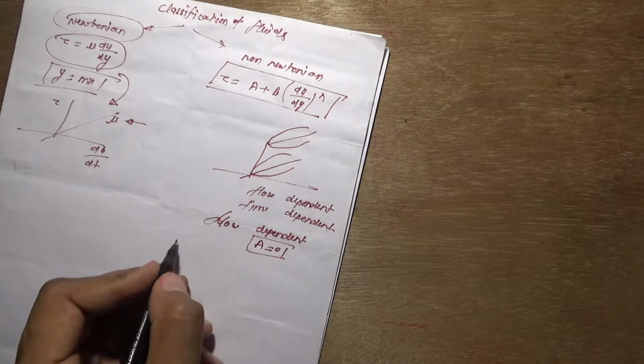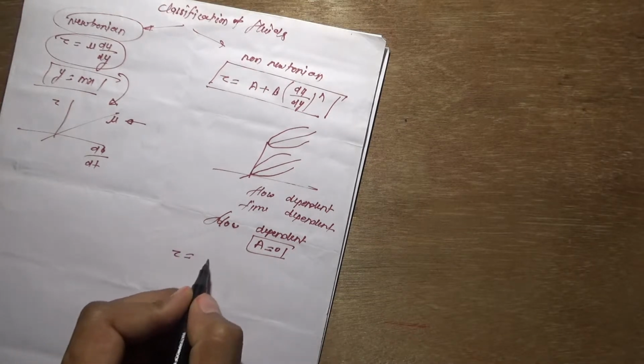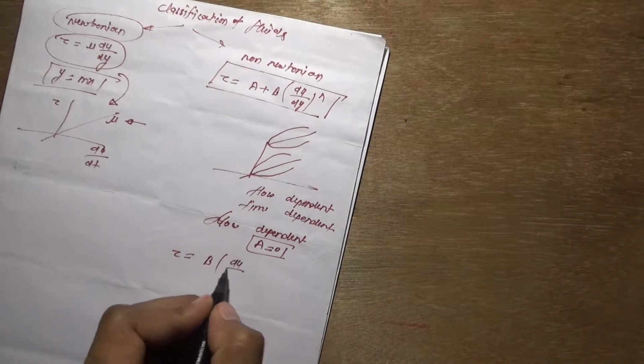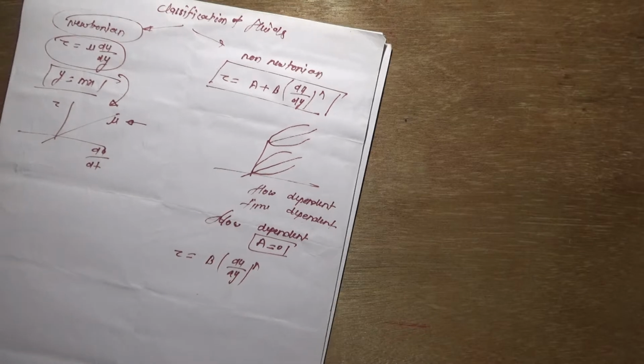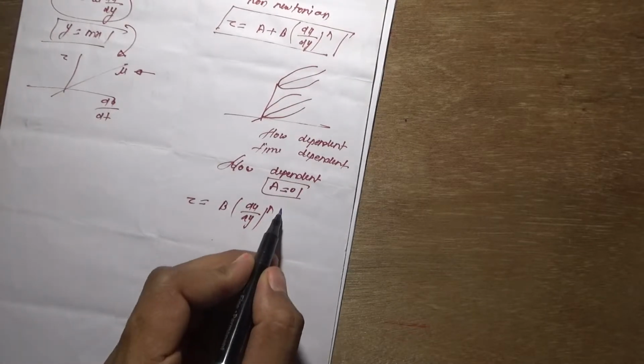So for flow dependent, the modified equation will be tau is equal to b du upon dy to the power n. So this is the equation for the flow dependent.